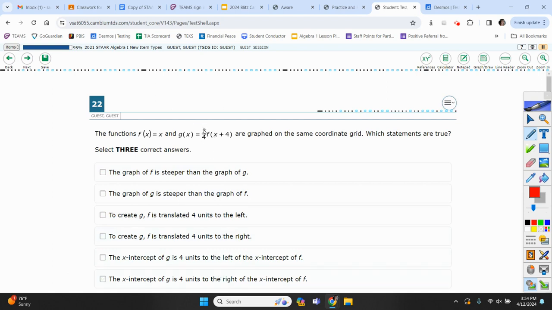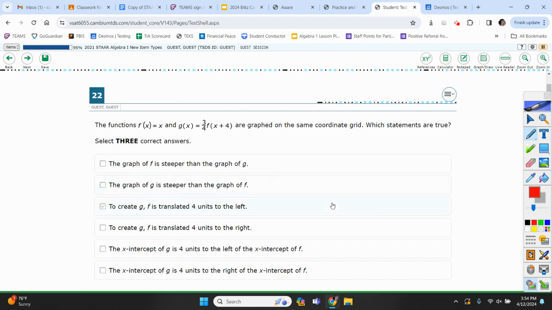Remember, each of these numbers does something. Three correct answers. Remember, the a value is what makes it steeper or less steep.